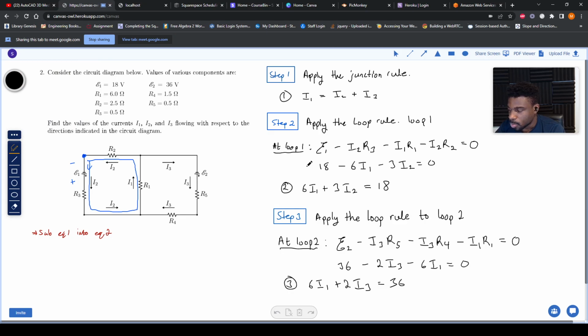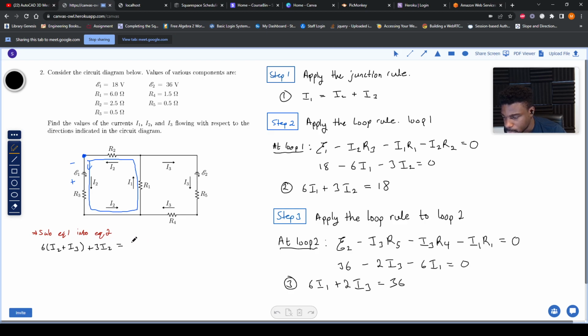And what would we get if we did that? Equation 1, solving for I1, plug I1 in there. So it's going to be 6I2 plus 6I3 plus 3I2, since 6 times I2 plus I3, and then plus 3I2.